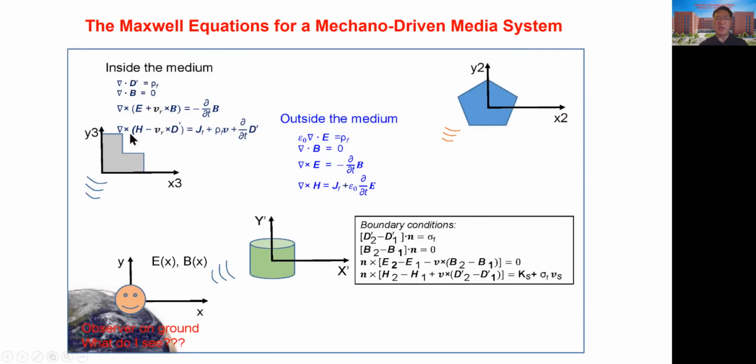So, inside the moving medium, we have the Maxwell equation for mechano-driven system. Outside the medium in vacuum, we have the standard Maxwell equation. Both meet at the boundary here. That's why you can solve the electromagnetism problem on Earth.